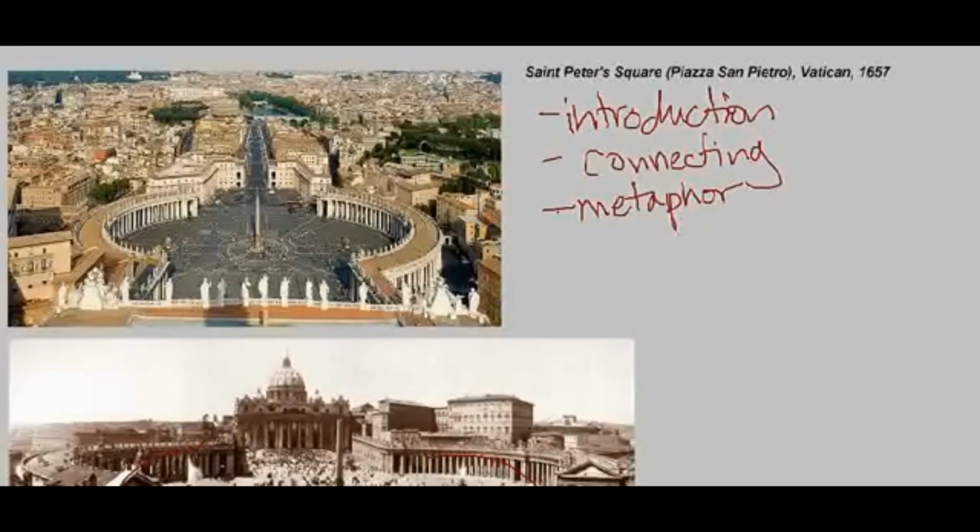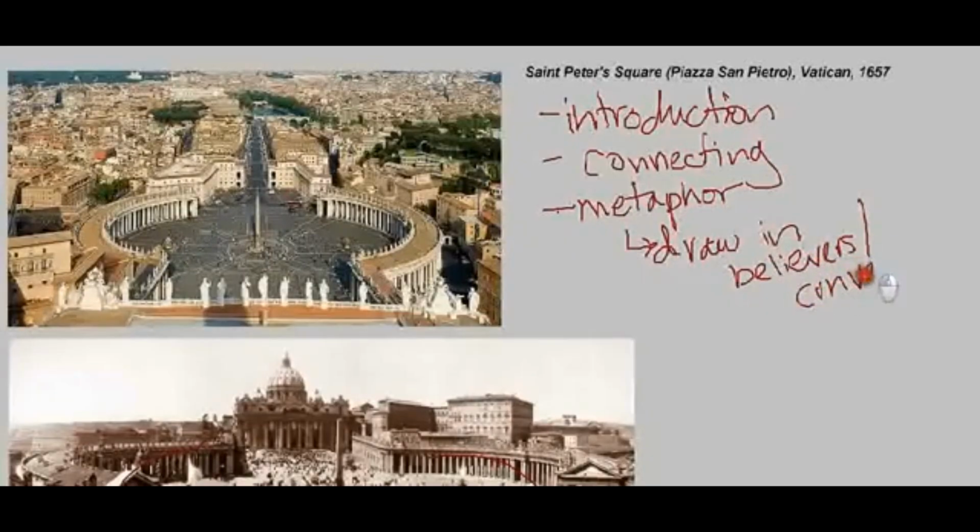But they also reflect the goals of the Catholic Church at this time, which was to draw people in. Draw in believers, converts.